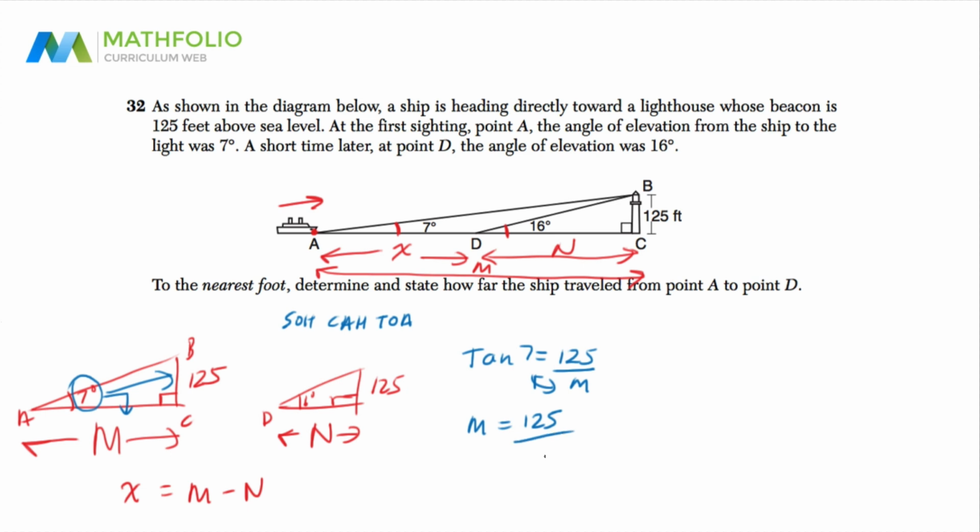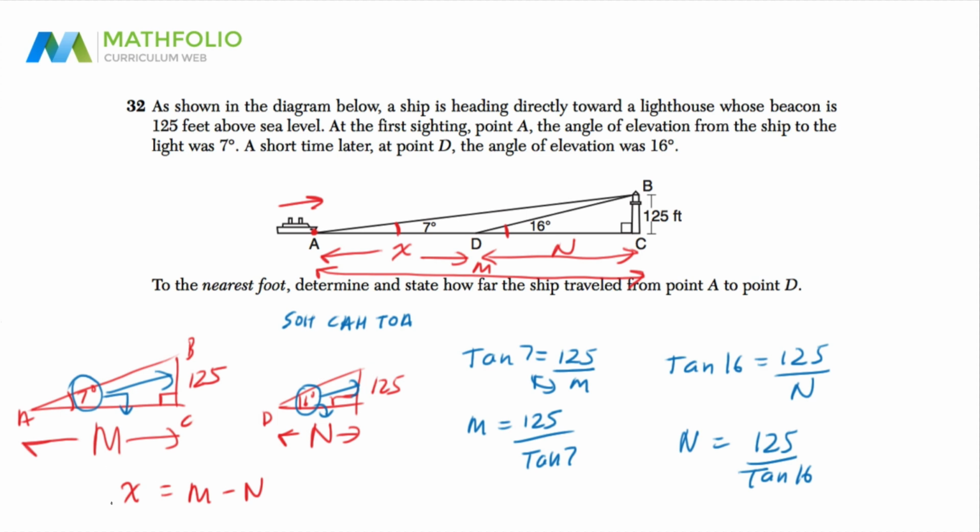Or we can do it the quick way, just switch them. And then for N, well, we've got this being 16 degrees, and then the opposite and the adjacent. So we've got tan of 16 equals 125 all over N, and then N equals 125 all over tan 16.